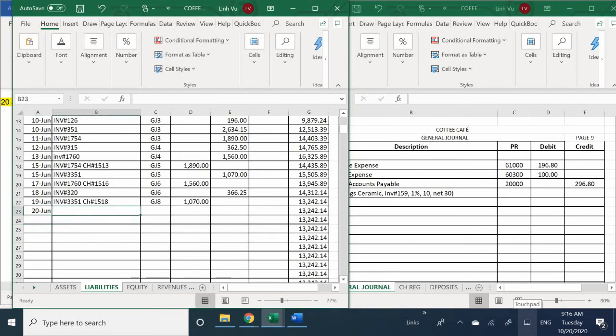Okay, I'm gonna fill this out. What information am I gonna place here? Invoice 159. Okay, invoice 159. Yep. Invoice number 159. Okay.